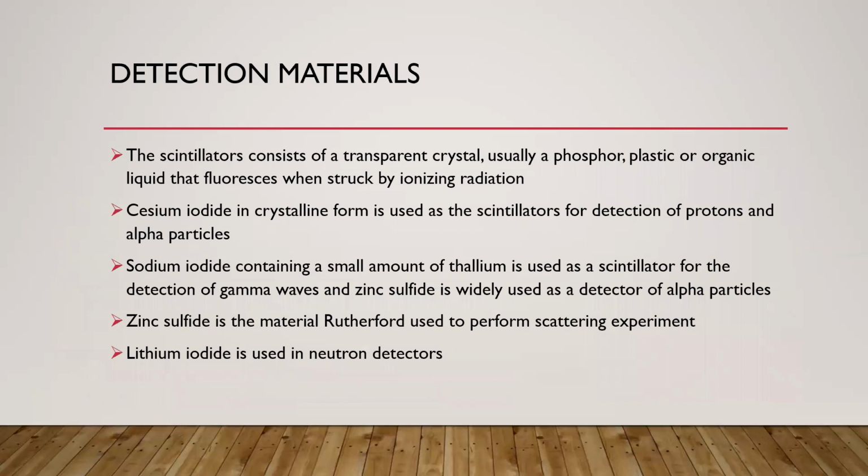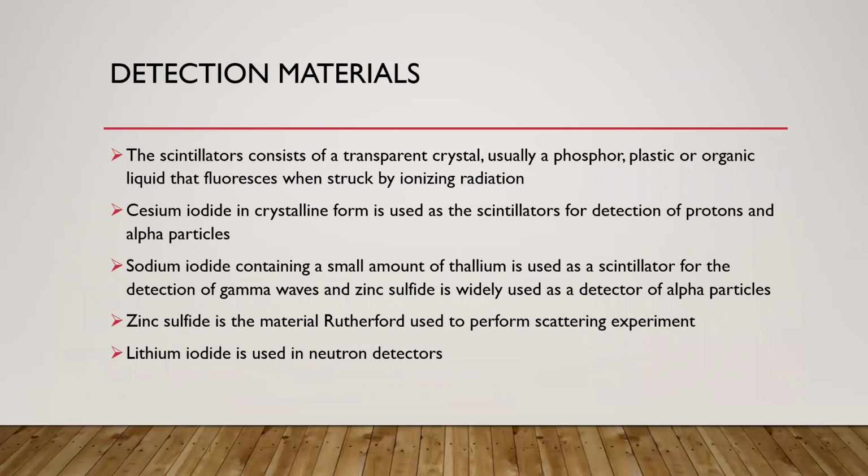The detecting materials, the scintillators, consist of a transparent crystal, usually phosphor, plastic, or organic liquid, that fluoresces when struck by ionizing radiation. Cesium iodide in crystalline form is used as a scintillator for detection of protons and alpha particles.